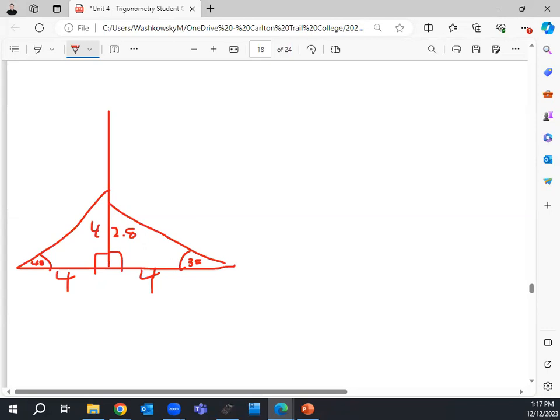Pythagoras, okay. Oh, the square thing though.